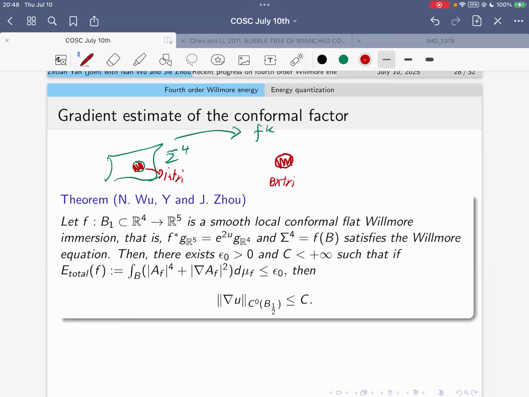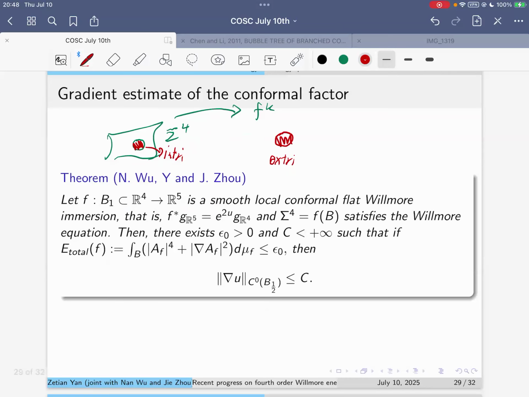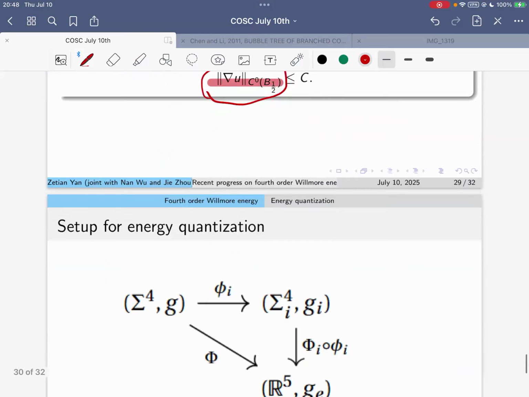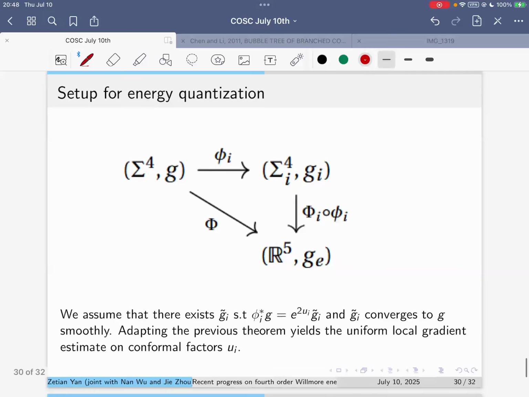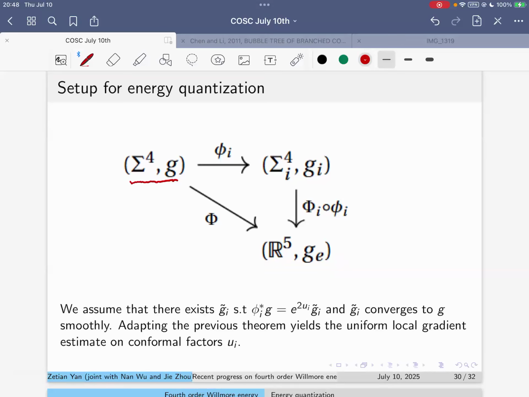And for this purpose, we need to estimate the conformal factor, okay? And we can obtain the uniform gradient estimate for the conformal factor, such that for this fixed intrinsic ball, their image will not change a lot. Okay. So this is our setting. So our setting says that for this fixed hypersurface, we can consider a family of embeddings, okay, and composed with the embedding here, we can consider a family of pullback metrics.